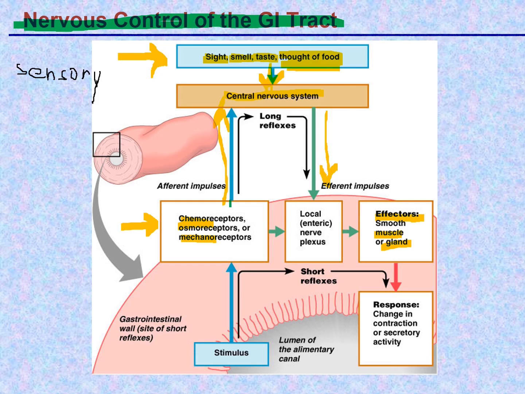The processing that occurs results in a number of different outgoing nerve impulses. Efferent refers to outgoing, and this is relative to the central nervous system. Afferent are incoming to the central nervous system.